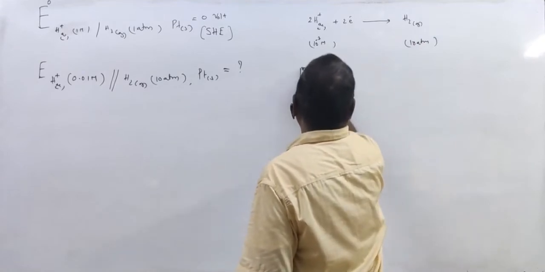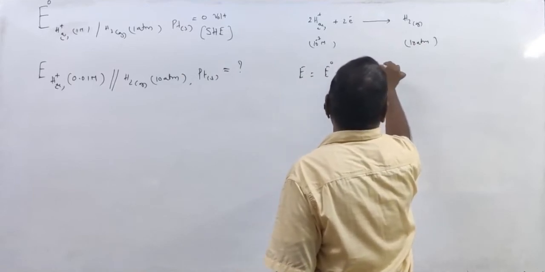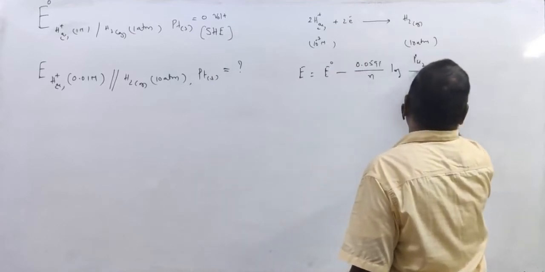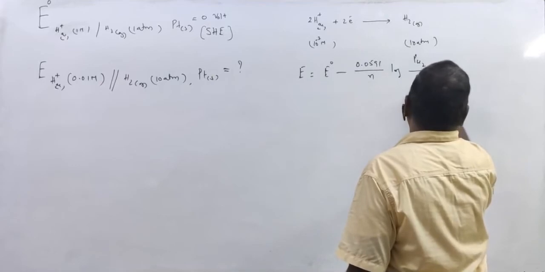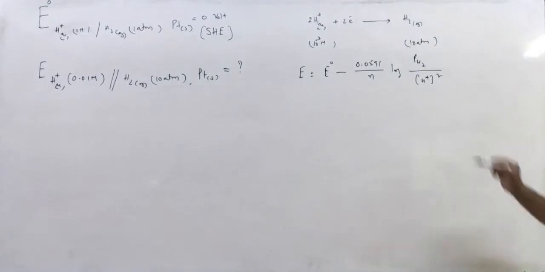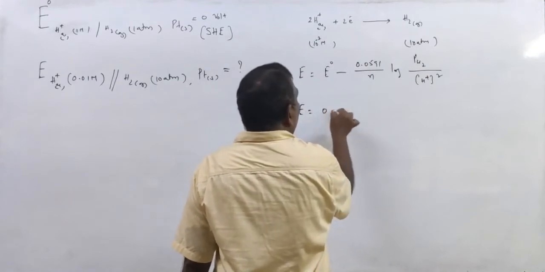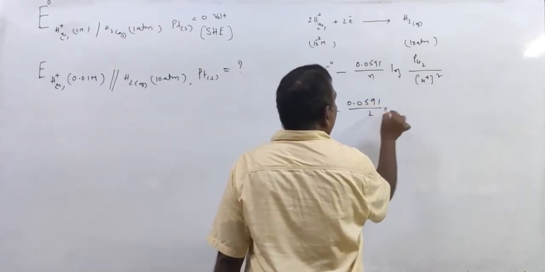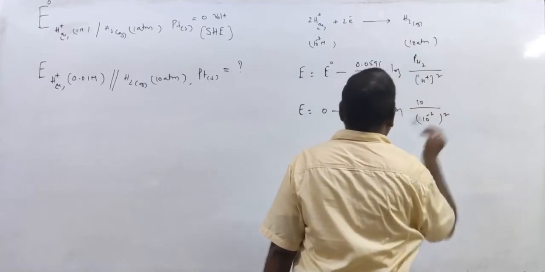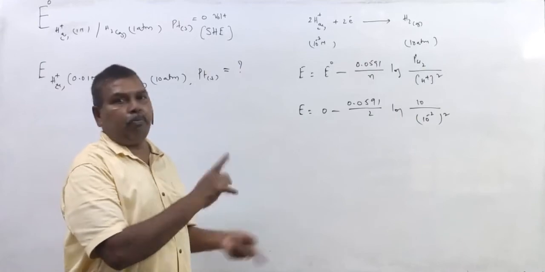Now, E is equal to E naught minus 0.0591 by n log of pressure of hydrogen gas by hydrogen ion concentration squared, according to the law of mass action. 2 H plus ions are there, therefore H plus ion concentration squared. So E is equal to 0 minus 0.0591 by 2 electrons log 10 by (10 power minus 2) squared. 10 power minus 2 squared is 10 power minus 4, so 10 power 4 times 10 is 10 power 5.